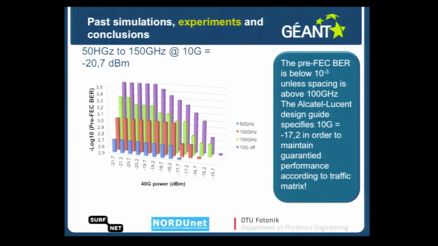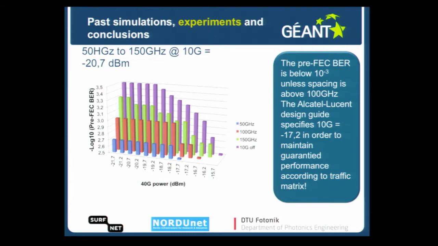That would mean that if we do guard band variations, we actually need to go above 100 gigahertz in order to maintain a good quality. The 10 to the minus third is actually the first threshold level, or the default threshold level for alarms in the Alcatel equipment.